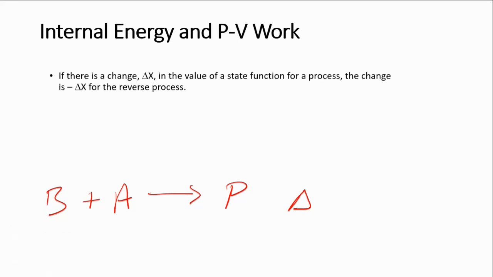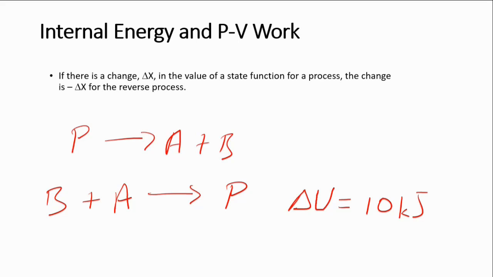Let's say the internal energy change is 10 kilojoules for that process. Somebody might ask you, what if the product breaks down to give you back A plus B? What would be the internal energy change? The internal energy change would be minus 10 kilojoules. So that's what this statement is saying.